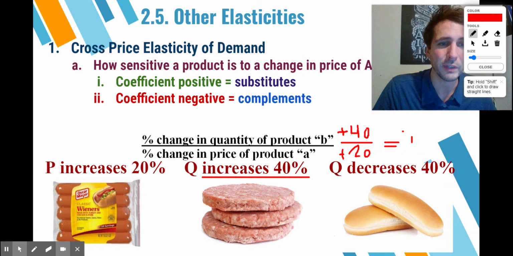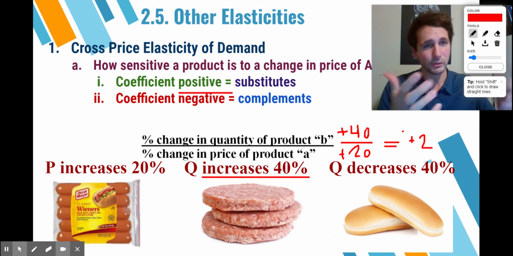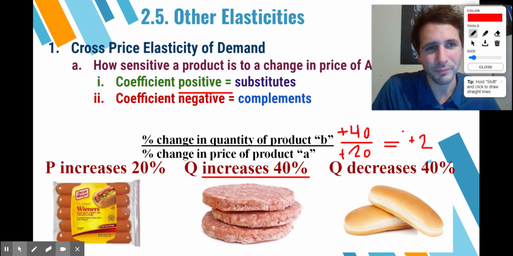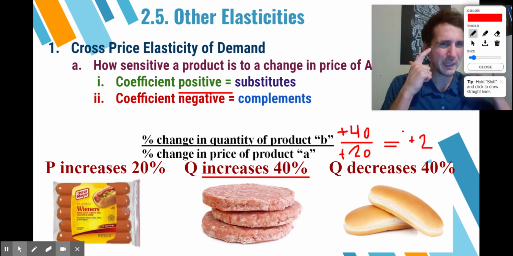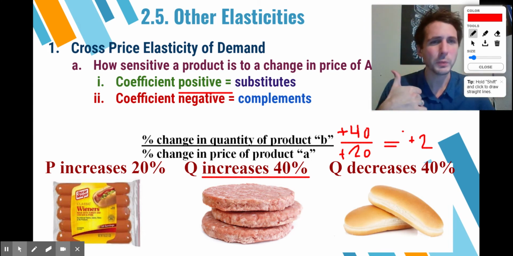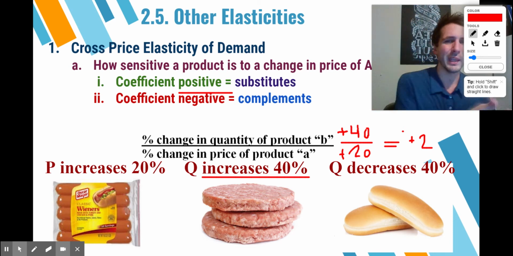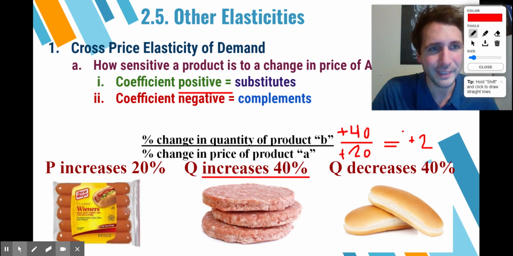It's going to be a positive number, positive 2. Now, if it's a positive number, I'm positive that my substitutes are great teachers. Positive numbers mean they're substitute goods, which makes logical sense. Price went up for hot dogs, so I went and bought more hamburgers instead.